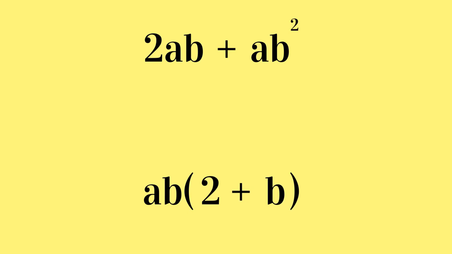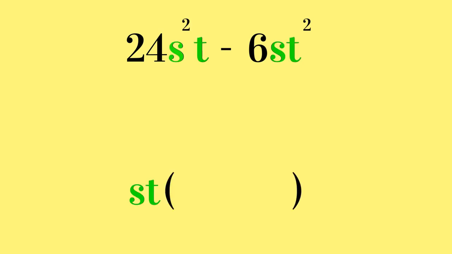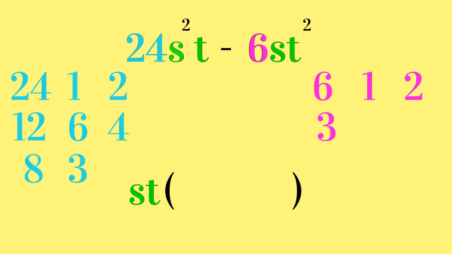Here is another example. 24 s squared t subtract 6 st squared. We can see both terms contain the matching variables of s and t, and as 24 and 6 have the common factor of 6, we write 6st outside the brackets.